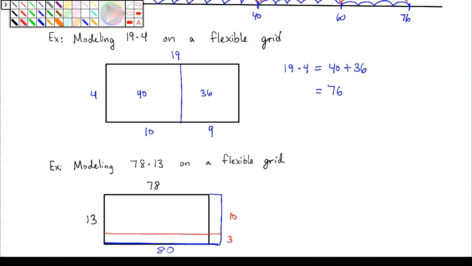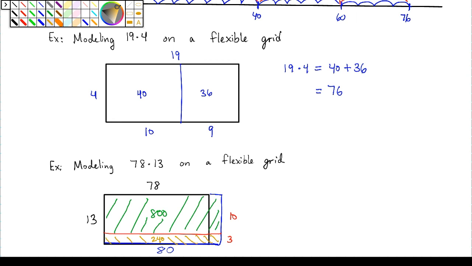There's 10 and 3. So 80 times 10 is going to be 800. That's all of this stuff. And then 80 times 3 is going to be 240.